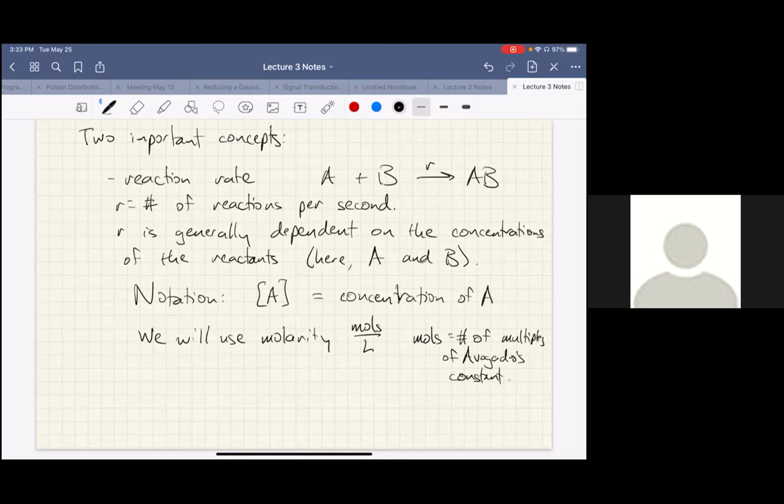So in other words, if you have exactly Avogadro's constant of A, then you have exactly 1 mole. If you have exactly one mole of A dissolved in 1 liter of water, then the molarity of that is 1. Okay.